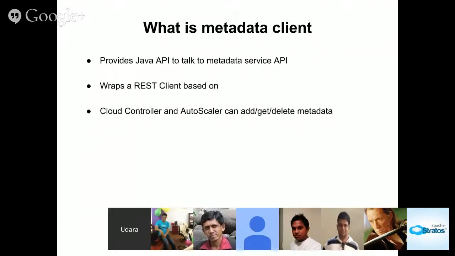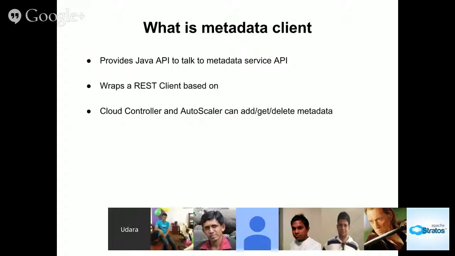Those details are in the cloud controller. So there should be a way that cloud controller core components, or maybe any other third party component, can interact with this metadata service. In order to do that, I have implemented a metadata client.